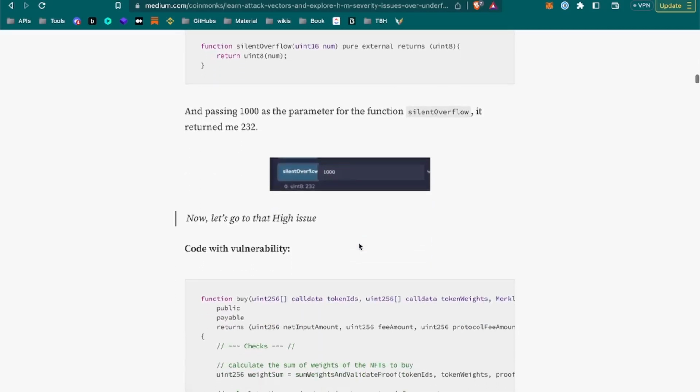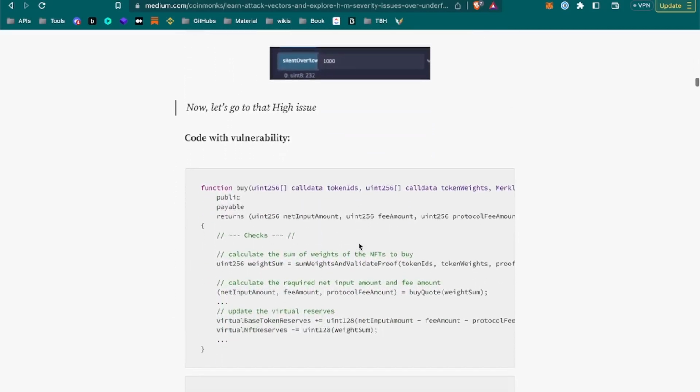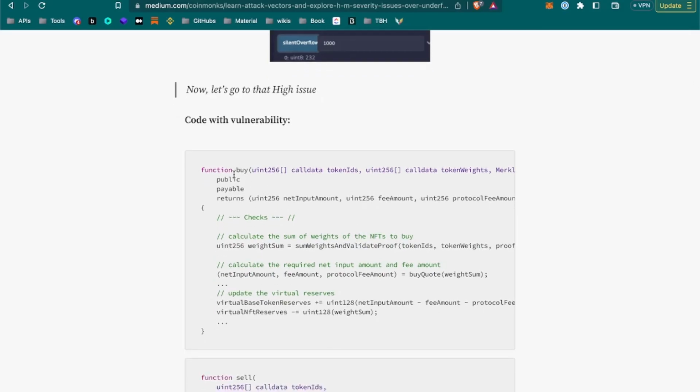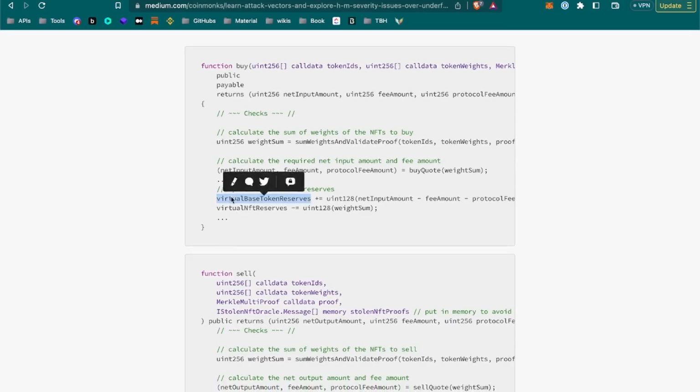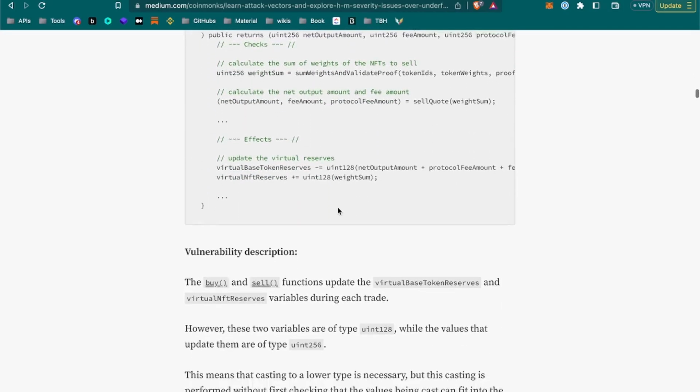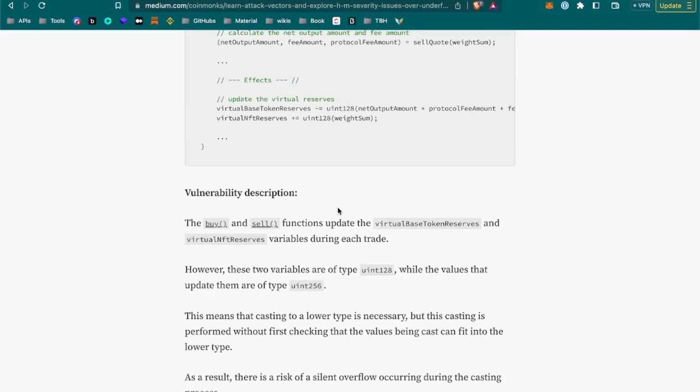Okay, let's go to the code of the vulnerability. Mainly in this issue, there were two functions involved, buy and sell, and they have here the casts that I have mentioned above for the silent overflow.